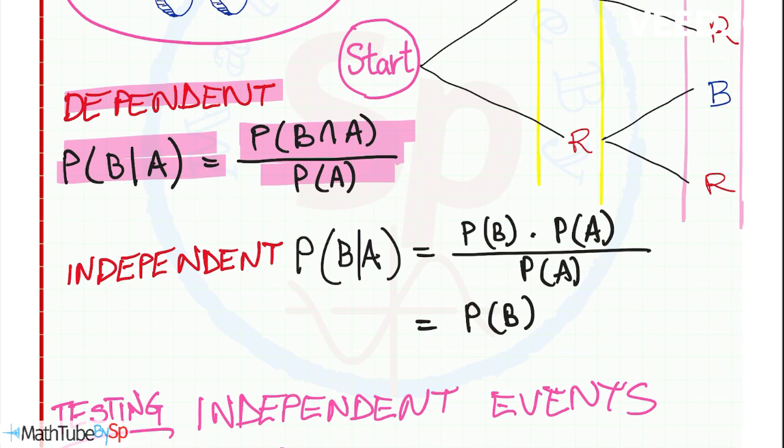In that case, the probability of B intersection A, that means the probability of B and A, which is the numerator here, becomes the probability of B multiplied by the probability of A. So the probability of A divided by the probability of A will give us 1. That's why the probability of B, given that A has occurred, is equal to the probability of B.